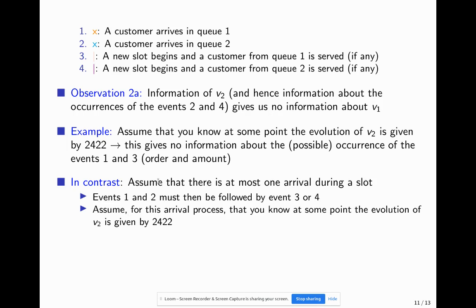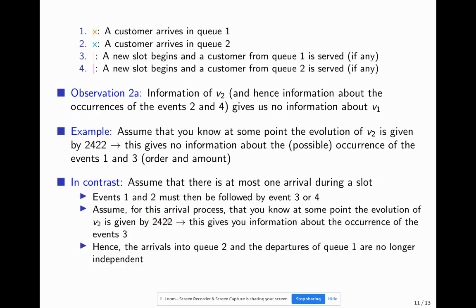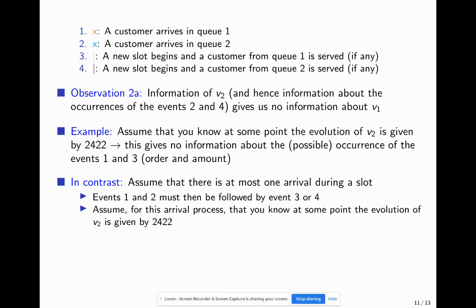For this different arrival process, if you know at some point the evolution of V2 is given by the sequence 2, 4, 2, 2, then you see, okay, I have two 2s, but a 2 must always be followed by a 3 or a 4. And this 2 is not followed by a 4. So here we know that between these two events 2, there must be at least 1 event 3.